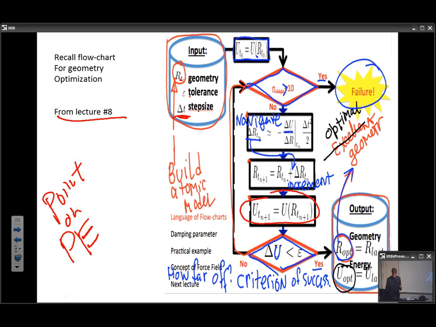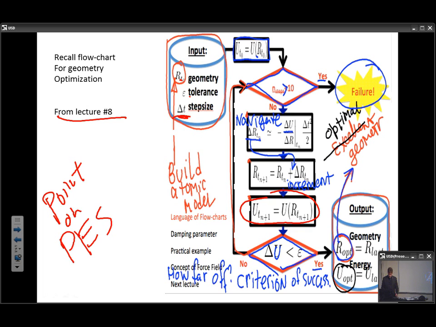And if it was bringing us some improvement in total energy as a function of positions of ions, we were reporting that the new geometry is better than the previous one. And if it was not bringing enough improvement, we were repeating the procedure.